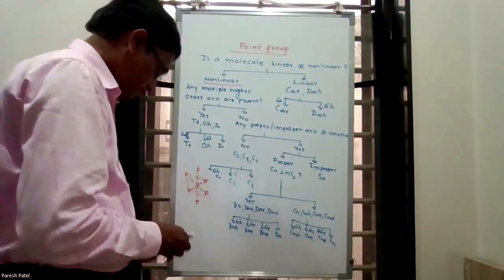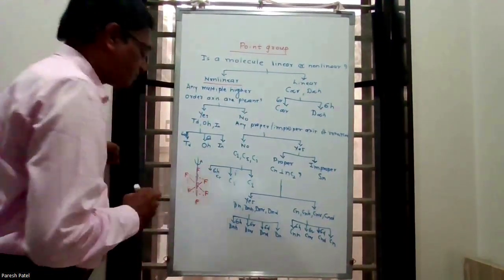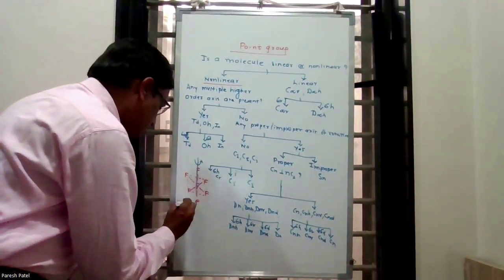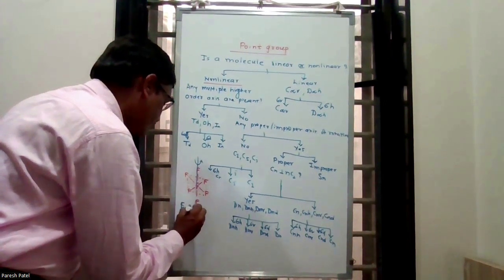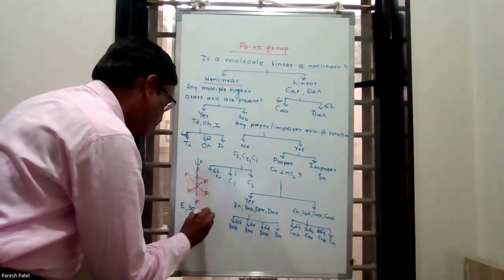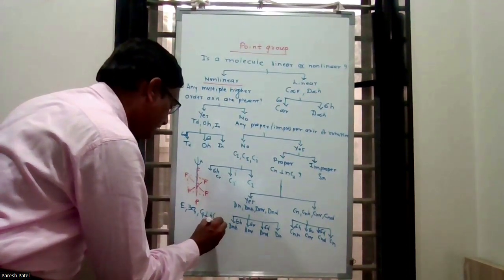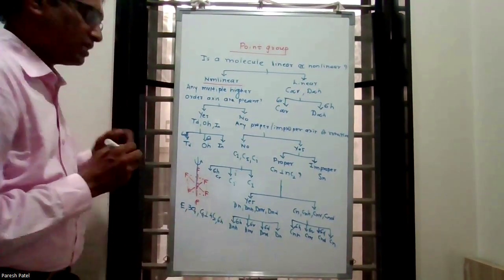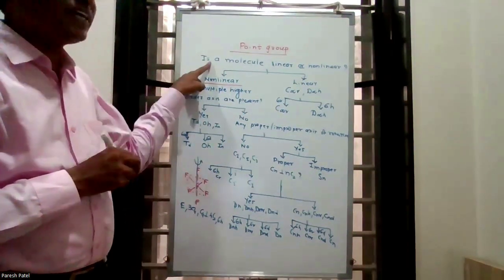It means this is the main principal axis C4. The symmetry elements are E, 3C4, 4C2 perpendicular to C4, and sigma H. So first, is it linear or non-linear?